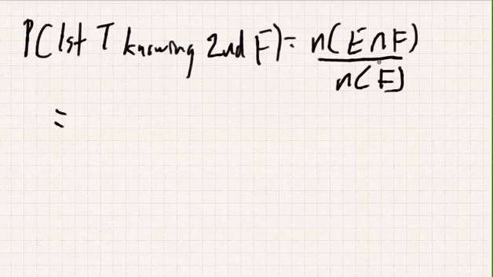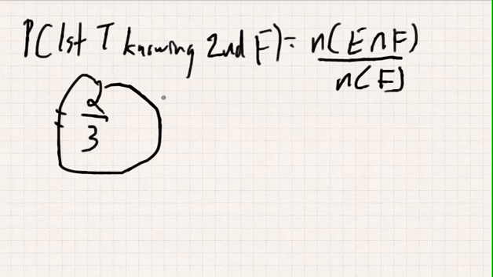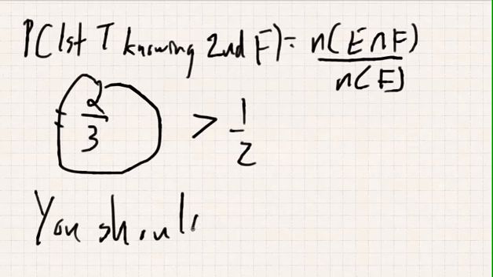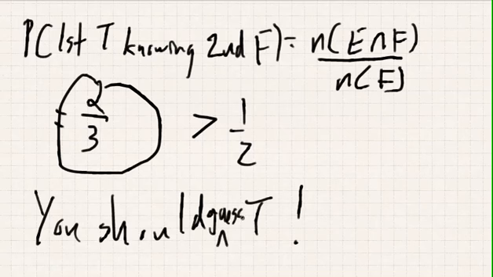E and F had 2 possibilities, and F had only 3 possibilities. So now this is actually bigger than a half. So you should guess, if you don't know, that this is true. But you really should go through the rest of the test and see if you know the rest of them first too. But you should guess true. Okay, cool.